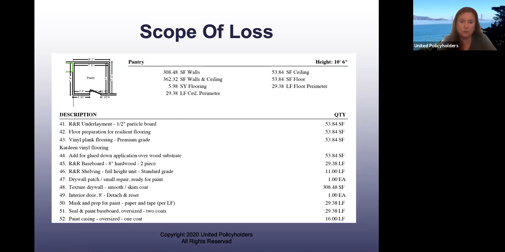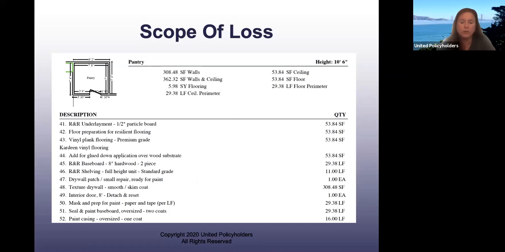It is a single push of a button to change your estimate into a scope of loss. This Exactimate program is actually a pretty powerful program, and it's very easy for them to produce one of these. And what it does, and you'll see in a letter, is it gets rid of all the money, okay? And so that really allows you to focus on what you're looking at.